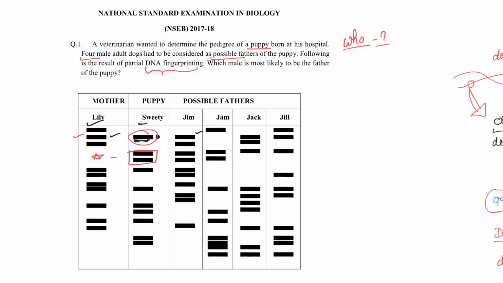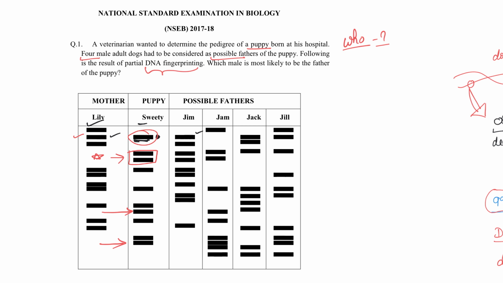So this is an important one. And what else? This is an important one. And this is an important one, because these fragments must come from the father and not from the mother, right?